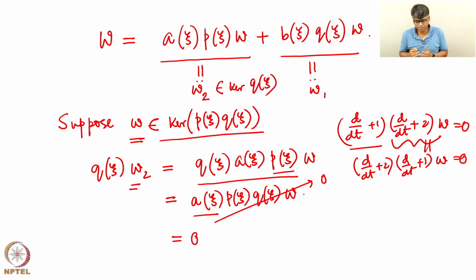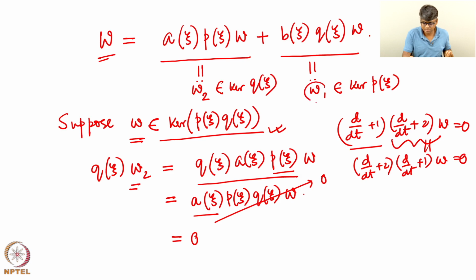Do exactly the same exercise and you can prove that W1 belongs to the kernel of P xi. So do you see that every trajectory W in this kernel can be written as a sum of W1 and W2, such that W1 belongs to the kernel of P and W2 belongs to the kernel of Q? So what have we proven essentially?